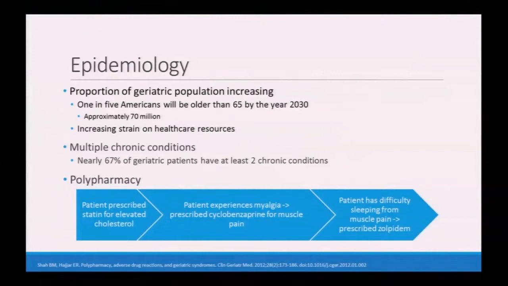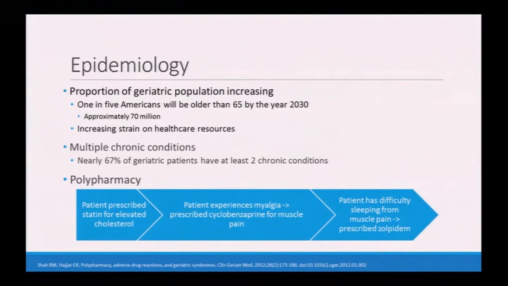And so I've kind of painted a diagram of how polypharmacy can happen. So a patient is prescribed a statin for their elevated cholesterol. They're on the statin for a little while, and then they go back to the doctor because they were having muscle pain. And so they are put on cyclobenzaprine for muscle pain. And then a few months go by, and the patient's having difficulty sleeping from the muscle pain, and so they're put on zolpidem.